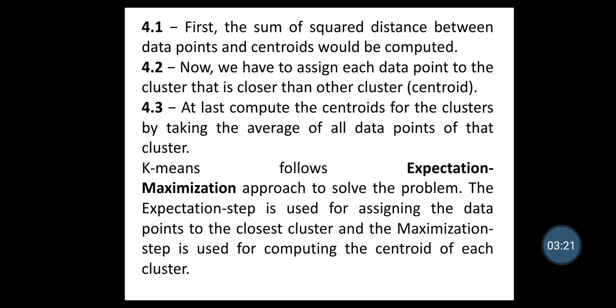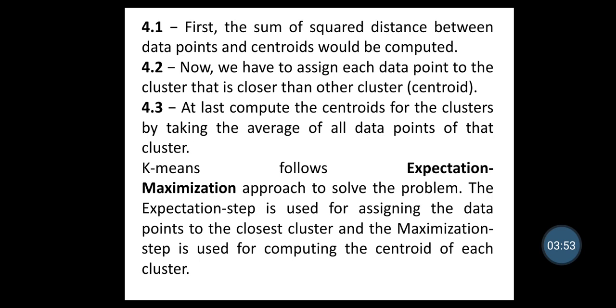I am describing the fourth step as sub-points. In 4.1, first the sum of squared distance between the data points and centroids is computed, and the second step is to assign each data point to the cluster that is closer than the other clusters. And the third one is, at last, to compute the centroid for the cluster by taking the average of all data points of that cluster.